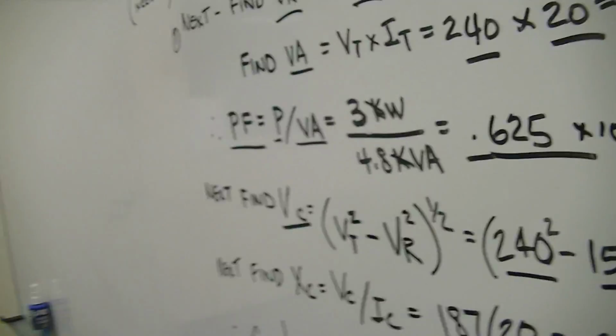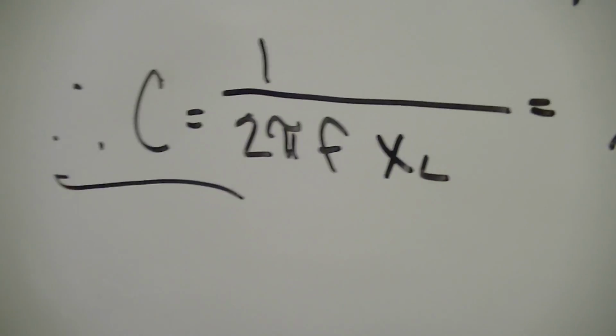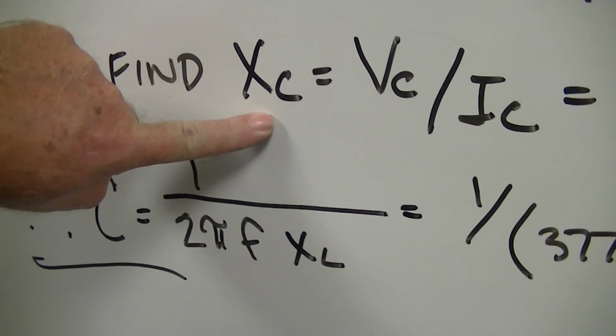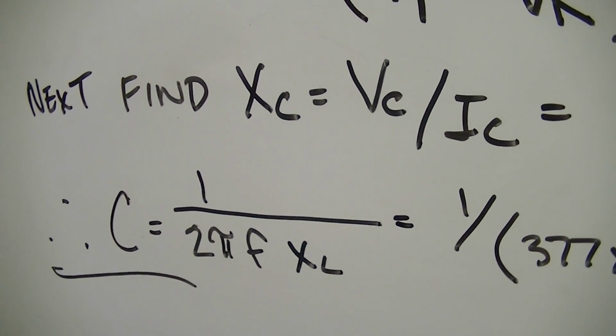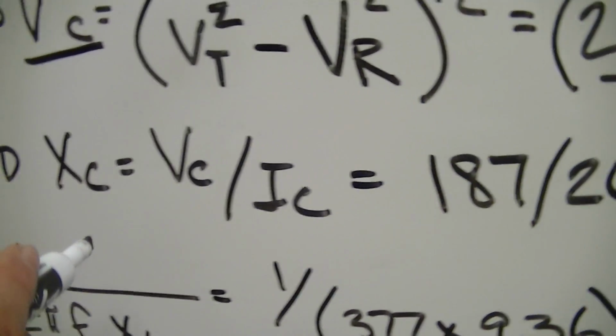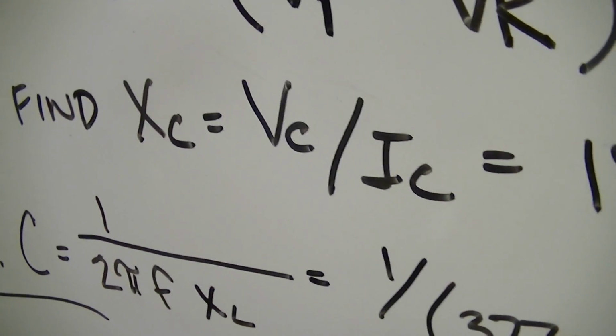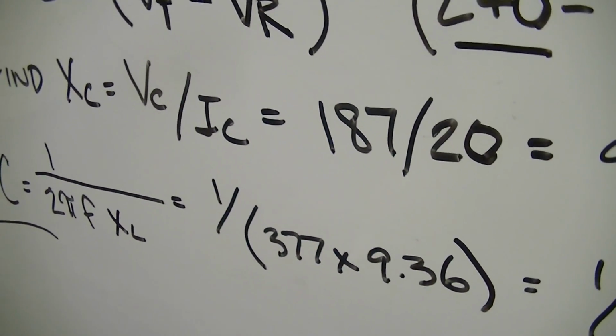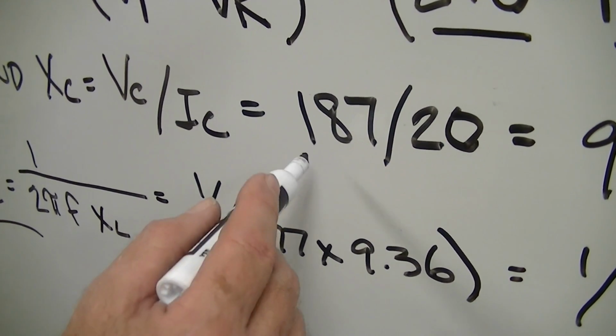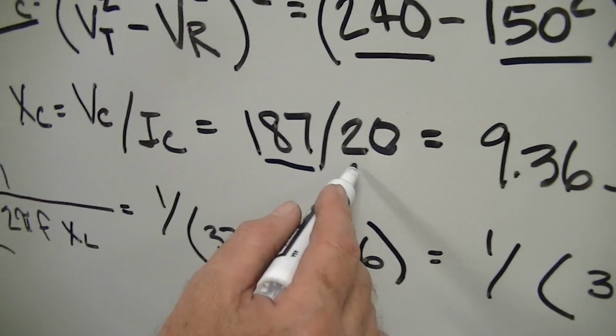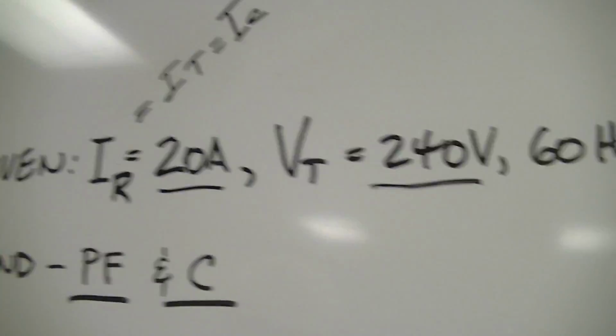Now, having calculated that, I can calculate X sub C. I've got V sub C divided by I sub C, which is going to be 187, I just calculated, and 20 that was a given.